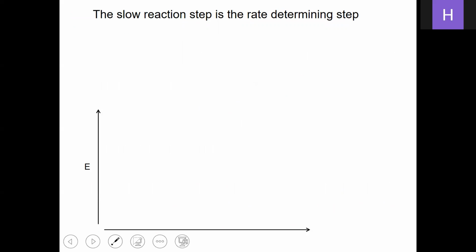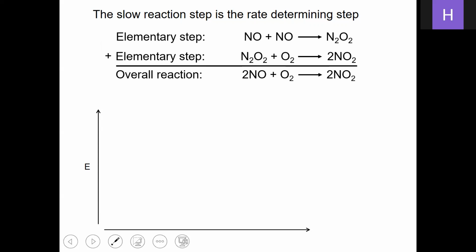So when I have multiple elementary steps, it makes sense that some of them might be faster or slower than others. And how do you determine what's faster and slower? If I go back to my same given reaction, I can draw a reaction coordinate diagram for these.